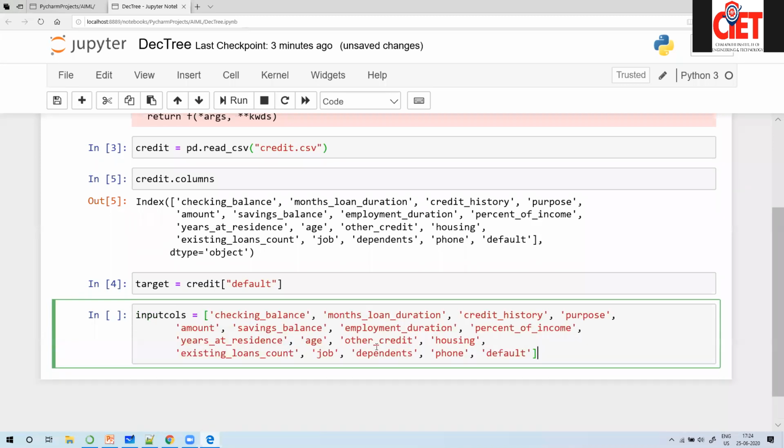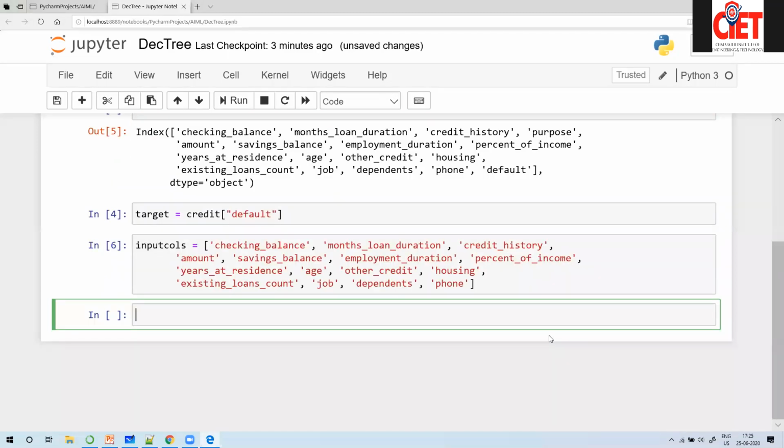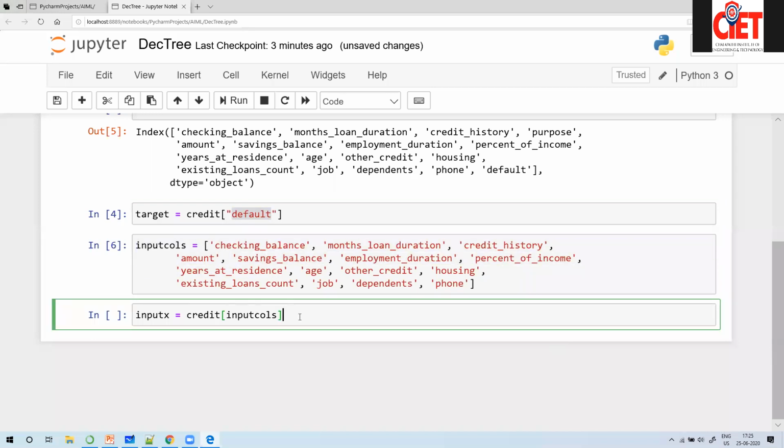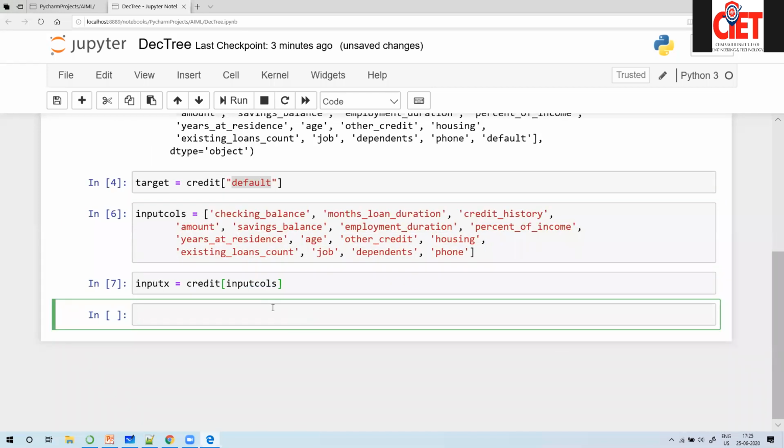So these are all going to be our input columns except this one here. To remove one more variable here, purpose. It has a lot of values. So your input X is equal to credit and input_cols. So except default, these are all the columns that are going into input_cols.